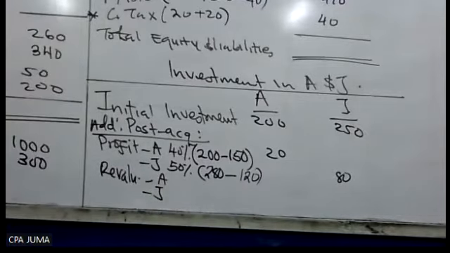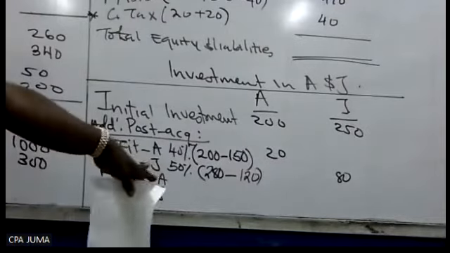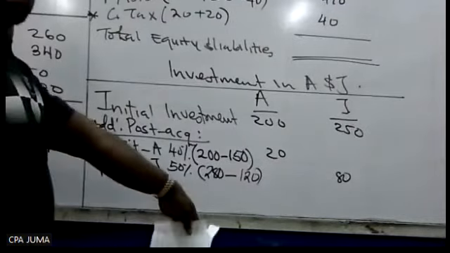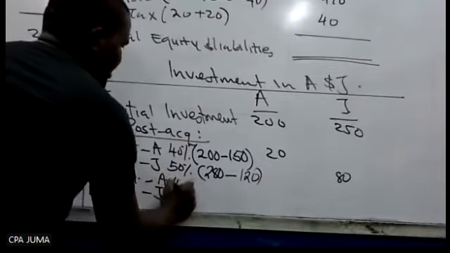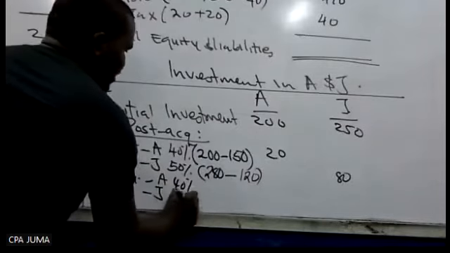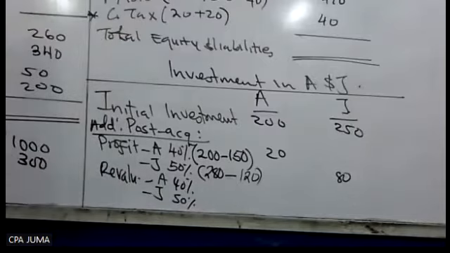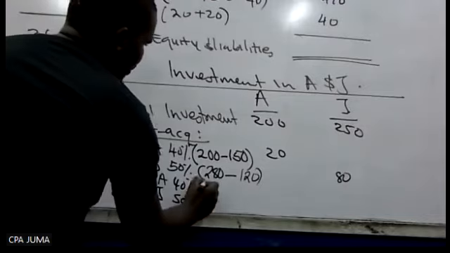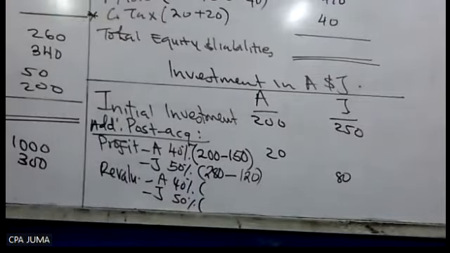So the same, profit and revaluations, the same. The same approach you took for profits is the same approach I want you to take for revaluation. 40%, 50%. You take the closings in the balance sheet, you subtract the ones which are there on the date of acquisition.